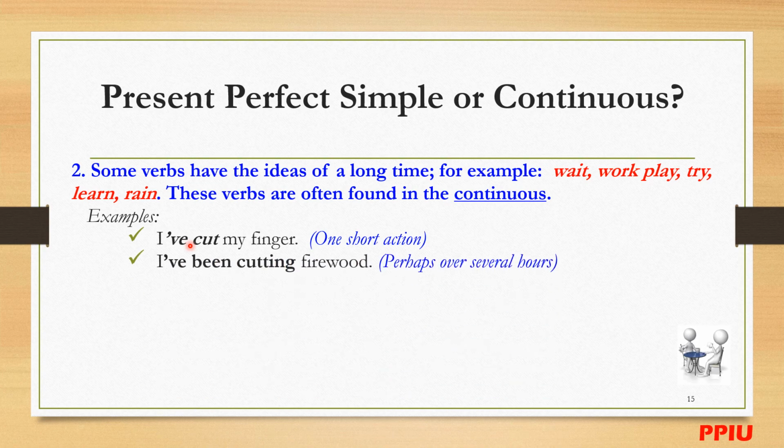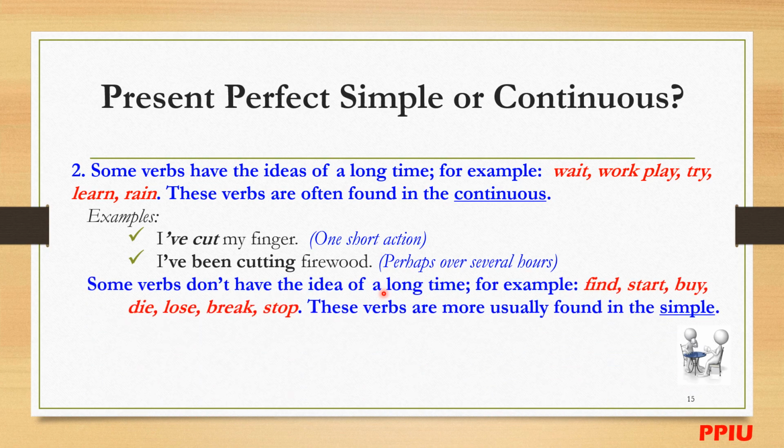I've been cutting firewood, perhaps over several hours. Since cut, we can say like this part, that's just a big chop, a long hour to complete. Okay, so several hours. Okay, some verbs don't have the idea of long term.